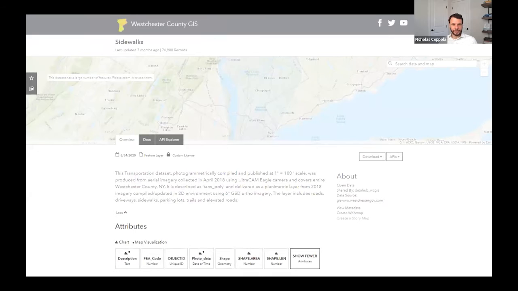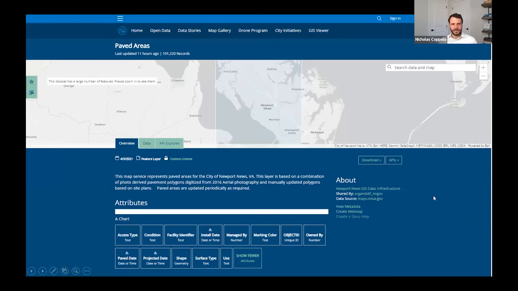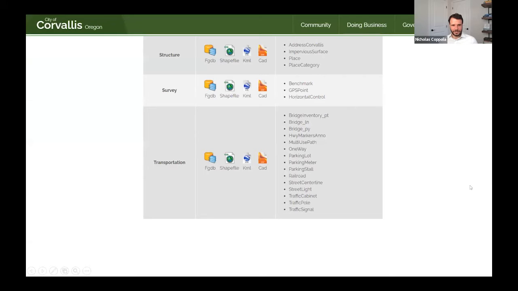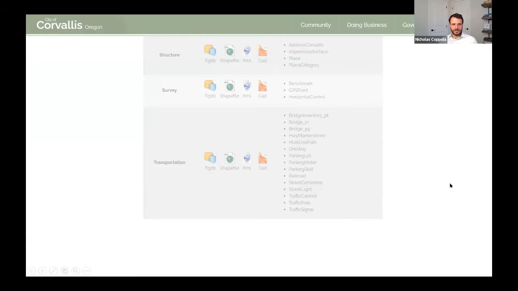We had to make sure that we were taking a look at the attributes that were being provided in the data to make sure that it had what we needed. We also had to check for different naming conventions, or just different names, I should say, that were being used by cities and counties, such as paved areas, as you can see here. So it's not directly stating sidewalks. And some of them even had them organized in places where you may not expect it to be.